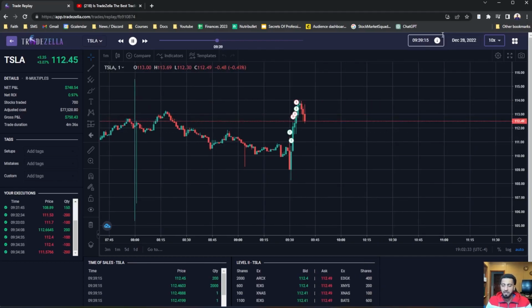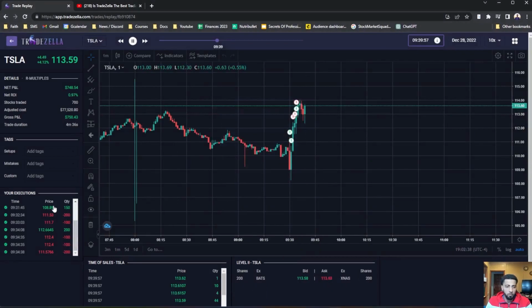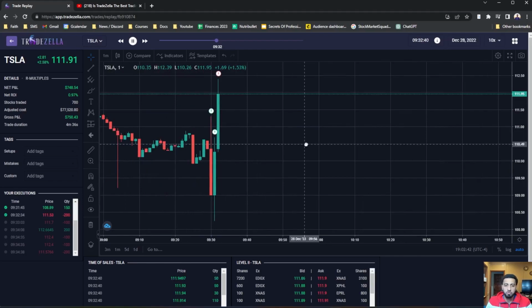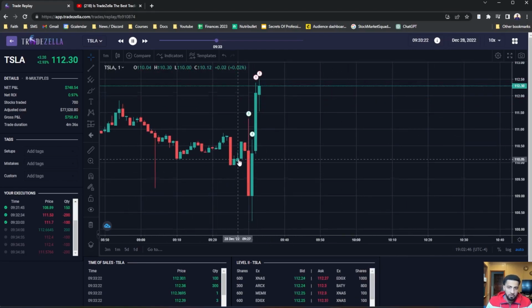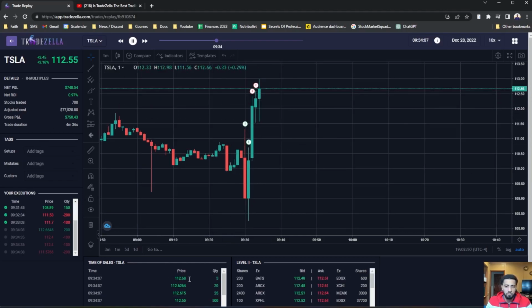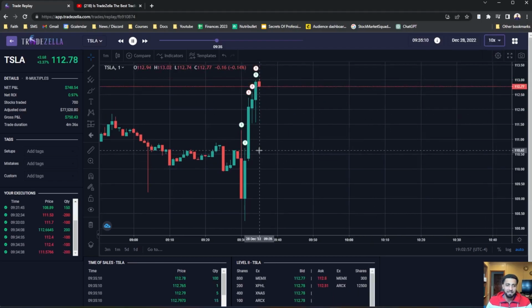There's a lot of different ways that I can look at this trade. If I want to go back to when I entered, I just click that button right there and then zoom in. I can look at the candle that I entered. Was this a good entry for me, right? You have the level 2, you have the different speeds that you want. You don't have to sit there for the entire trade.